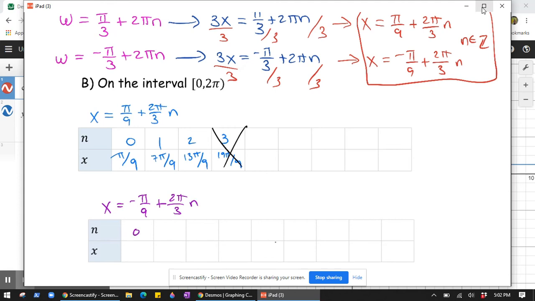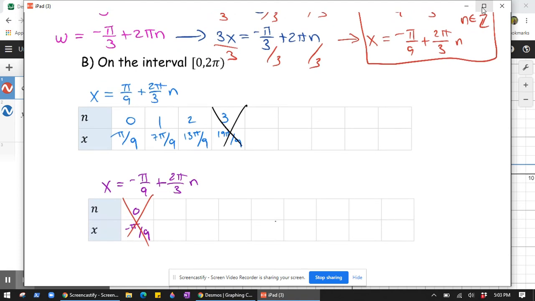When n is 0, we get negative pi over 9 for x, but of course that's outside of our window, right? Our interval starts at 0, so we don't care about that. When you plug in a 1, you get negative pi over 9 plus, again thinking of this as 6 pi over 9, negative pi over 9 plus 6 pi over 9 is 5 pi over 9.